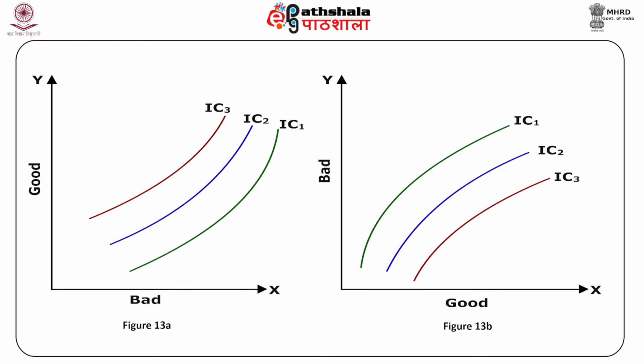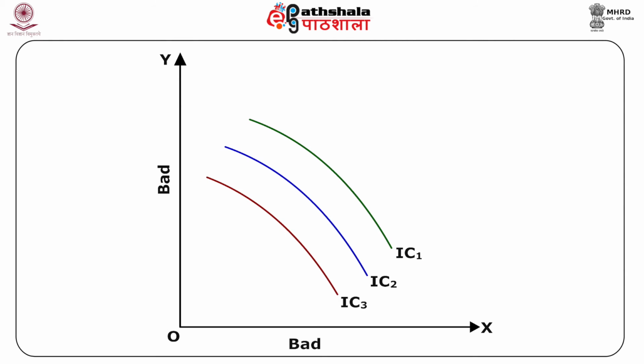Thus, the direction of the preference in this case is upward to the left, figure 13a. If commodity X is a good and commodity Y is bad, the indifference curves are upward sloping to the right as shown in figure 13b. Now you can see figure 13a and 13b.